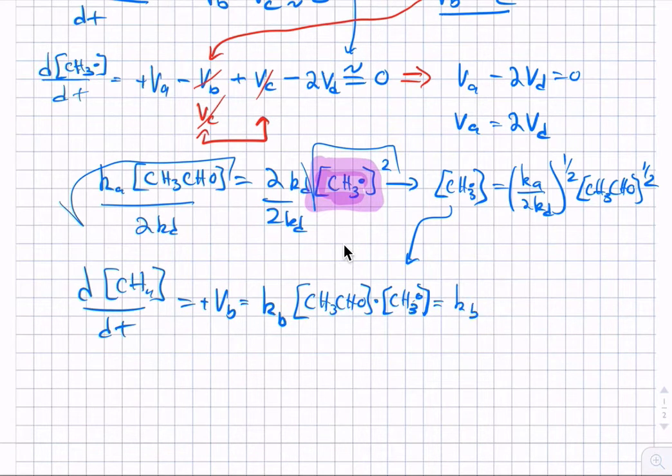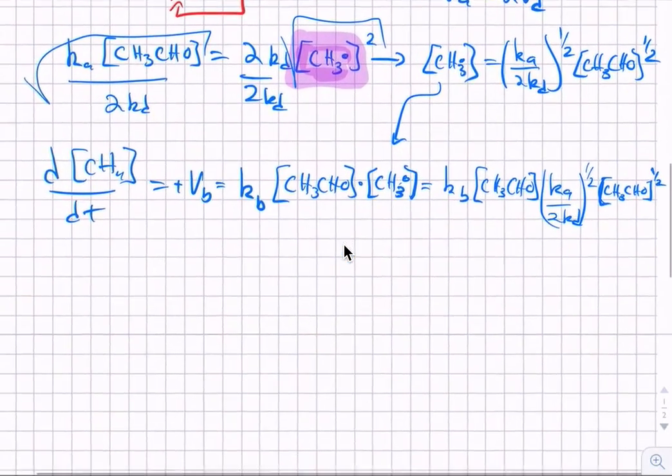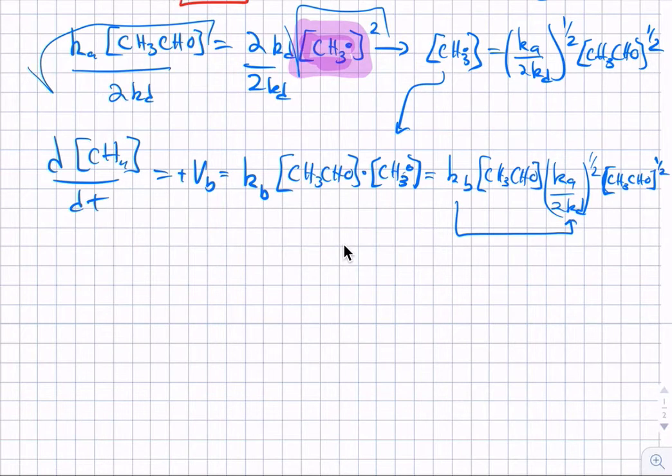We'll say Kb CH3CHO times Ka over 2kd to the power 1/2 times the concentration of the aldehyde to the power 1/2. Note, we can combine the constants and we can combine the aldehyde, and as it turns out, we have a description for the rate law that is in terms of aldehyde to the power of 3/2.